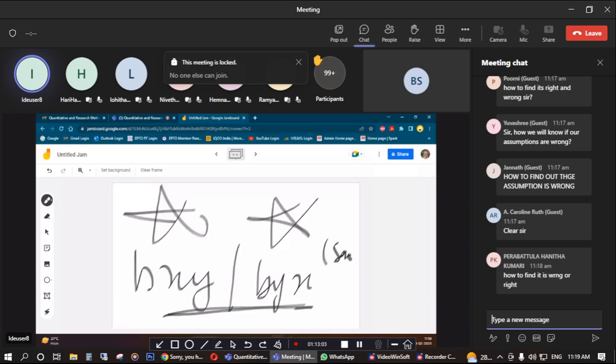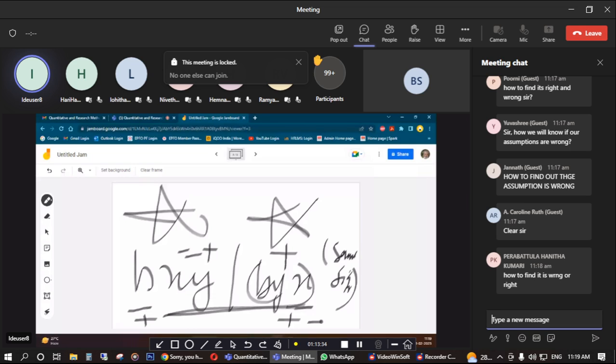If you get bxy as negative, byx will also come negative. If you get bxy as positive, your byx also will come as positive. There will not be a condition where bxy is negative and byx is positive, or bxy is positive and byx is negative.